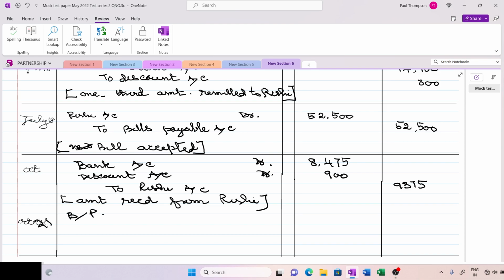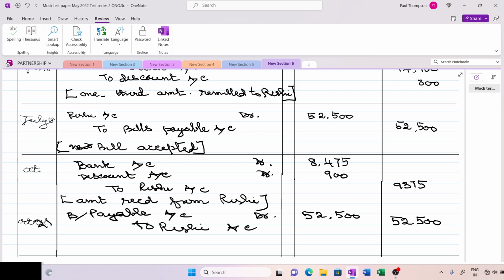Bills payable account debit 52,500 to Rishi account 52,500. So will dishonor due to insolvency.